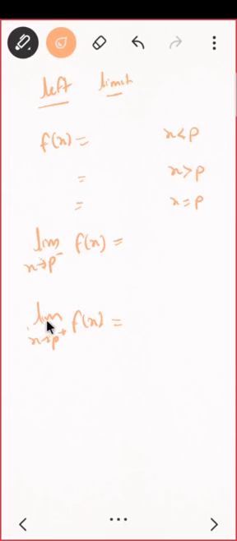If these two are equal, then the conclusion is that the limit of the function exists, and it is whatever that value is. Suppose this is L. If these two are not equal, then we say that the limit does not exist. For the limit, we don't have to look at the condition at x equal to p. This one is not required for us at all. Do you agree?